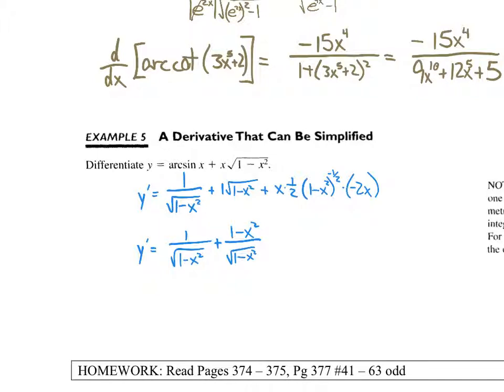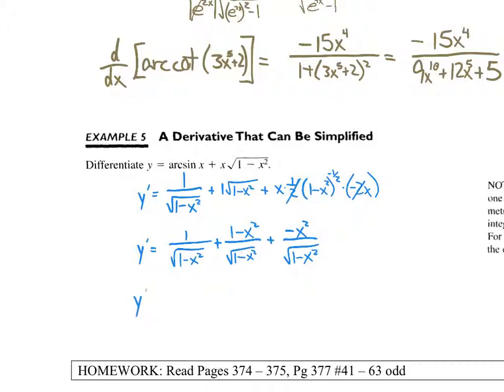Okay? And then this, we have the half and the negative 2. That'll cancel out to a negative 1, so we have a minus x squared over radical 1 minus x squared. That's kind of cool how that works out.